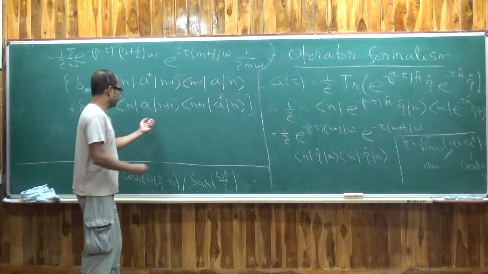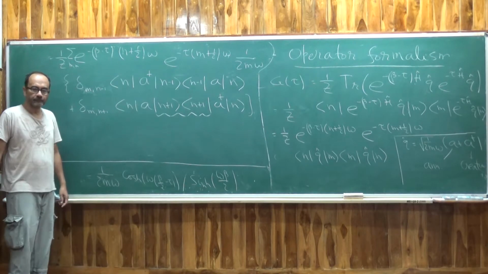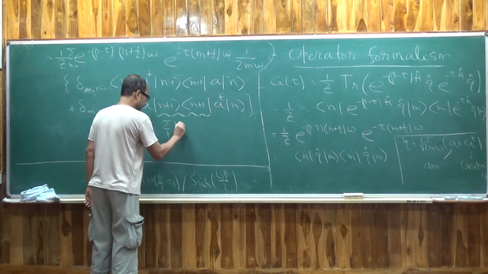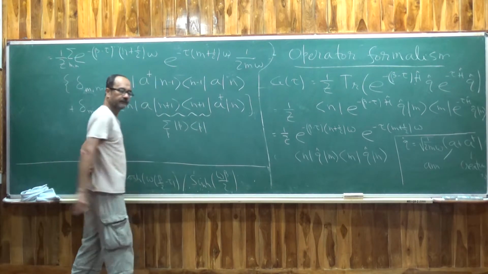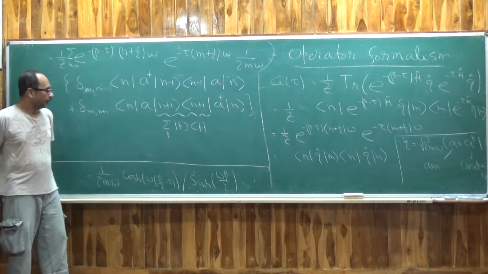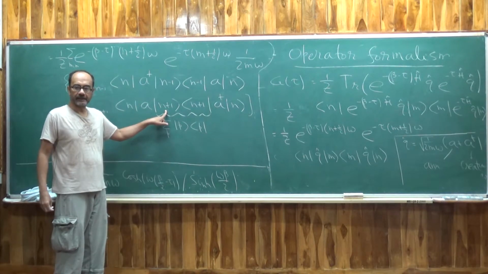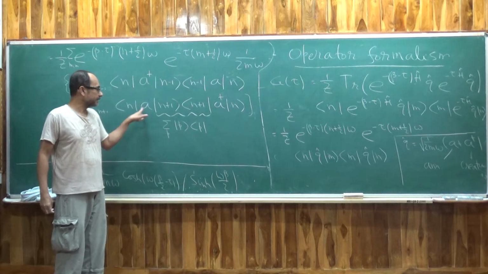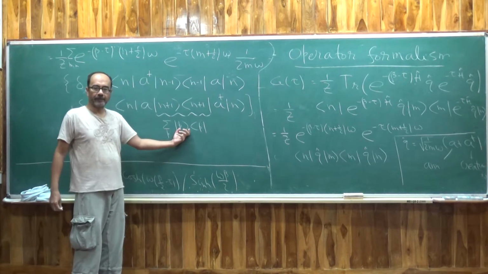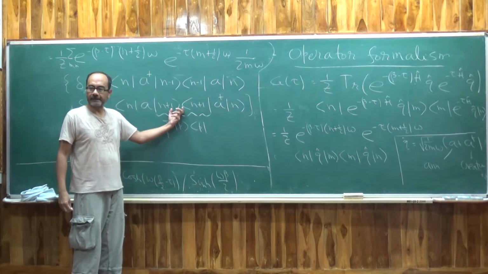But now, you see this object, suppose I replace it by sum over p, |p⟩⟨p|. Only p equal to n plus 1 can contribute, because any other p is going to give you 0. So this I can just replace by sum over p, |p⟩⟨p|, which is identity. So this part I can just replace by identity.